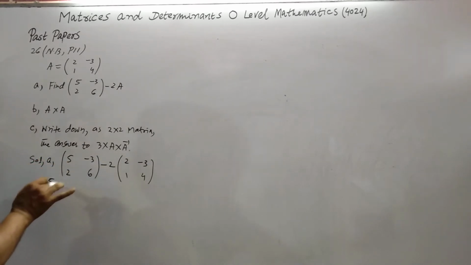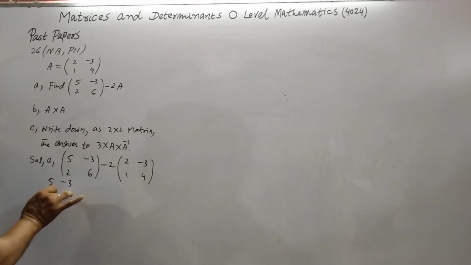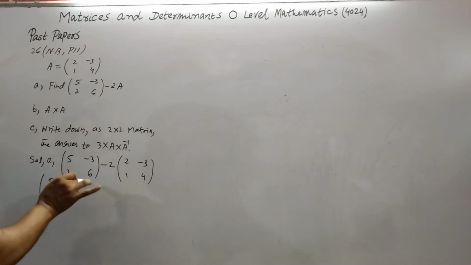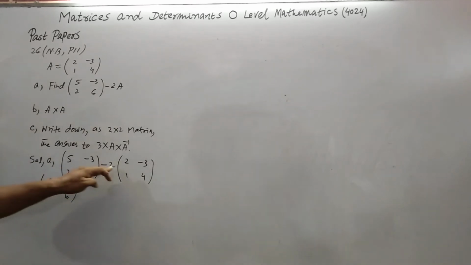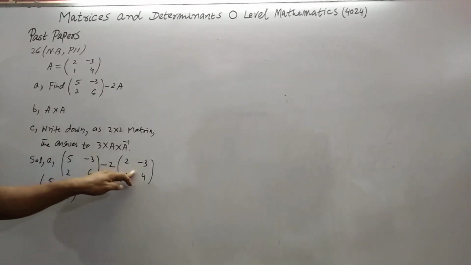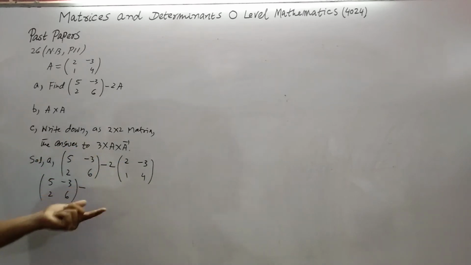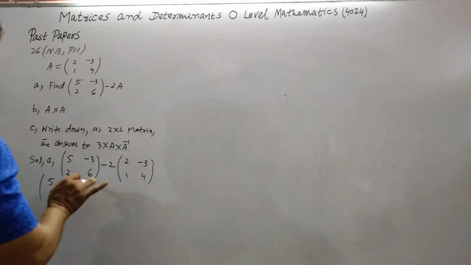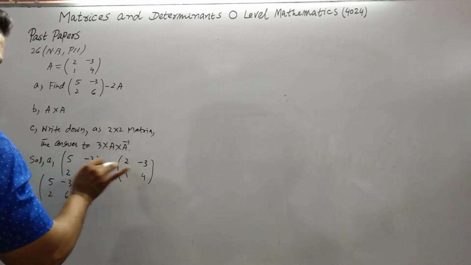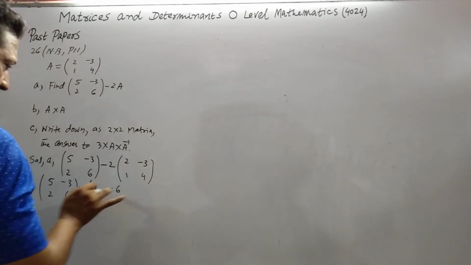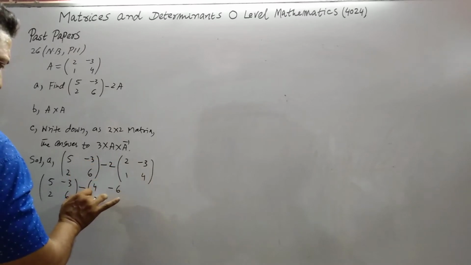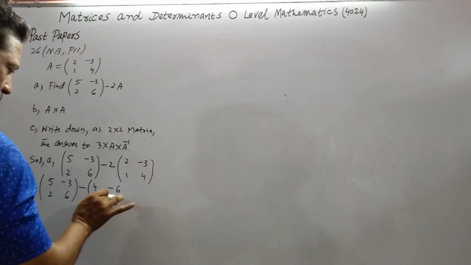First multiply 2 by the matrix and then subtract in the next step. This is very easy. 2 times 1 is 2, 2 times minus 3 is minus 6, and 2 fours are 8.